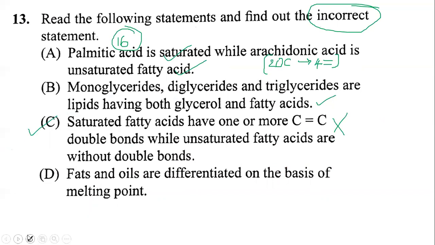The correct answer for this question is option number C: saturated fatty acids have 1 or more carbon atoms with double bonds, while unsaturated fatty acids are without double bonds. That is not a correct statement. The question was to find out the incorrect one, so that's the only one which has been incorrectly matched here.